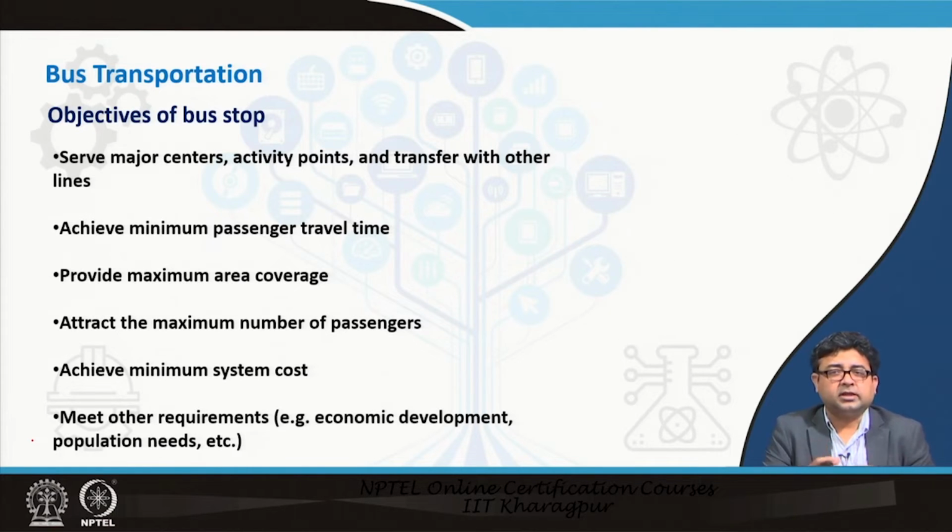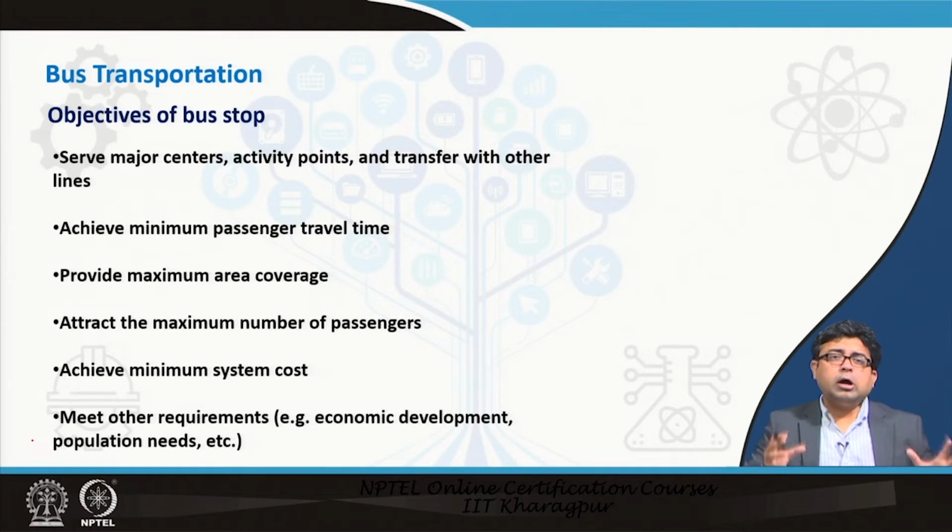So, all of this incurs cost. So, you also have to look at minimizing the system cost in locating where the bus stops should be, and also meet other requirements such as economic development, population needs, and so forth. So, these are the overall objectives of locating a stop or a station along the public transportation line.